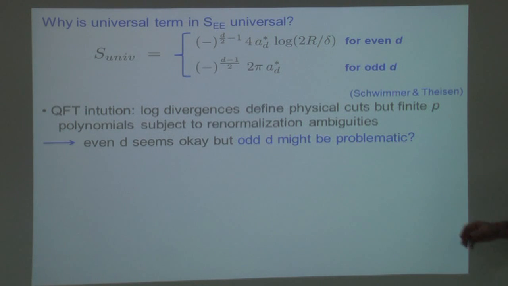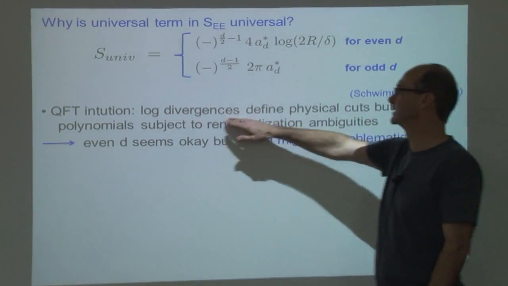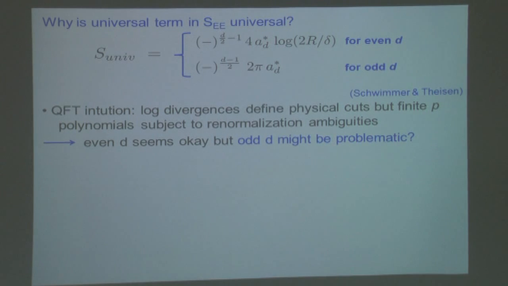In particular, these folks complained to me very shortly after we put out our first paper, and their intuition is that in particle physics, when I'm calculating things like cross sections or scattering amplitudes, log divergences tell me something physical about the theory.